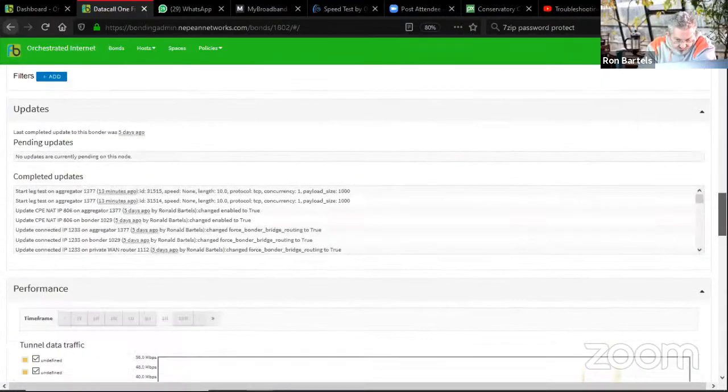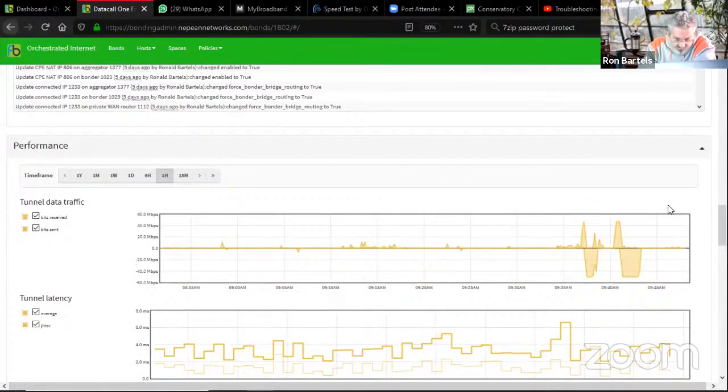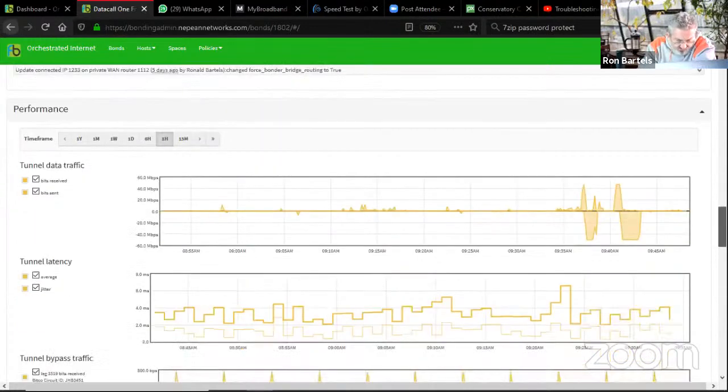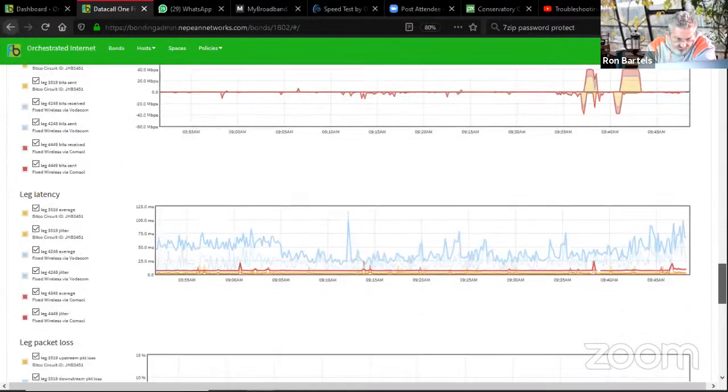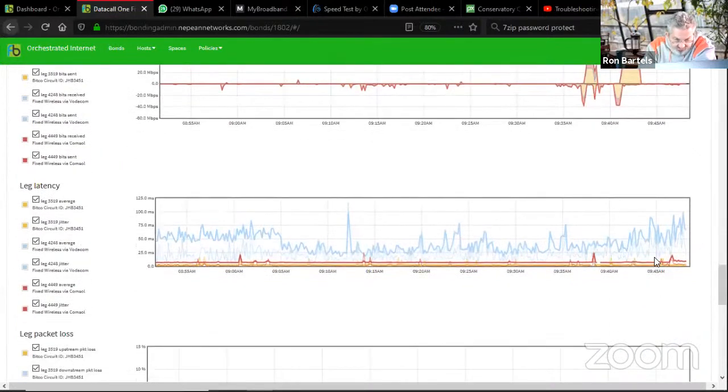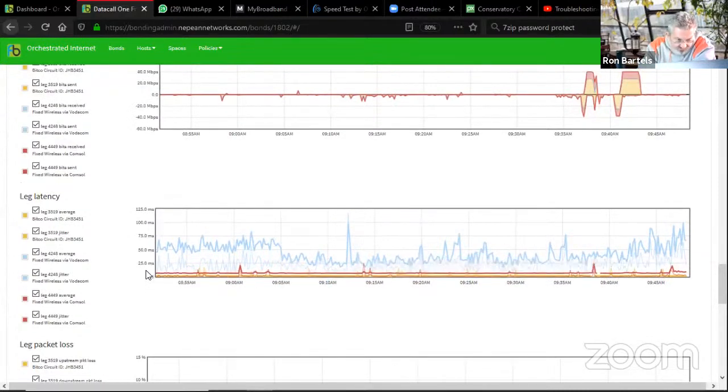When we look at it, we can see precisely how much bandwidth is being utilized by the different people, what the actual latency is. As you can see here, we've got multiple legs. We've got a fiber and we've got two wireless links. The one wireless link doesn't have that great a latency.